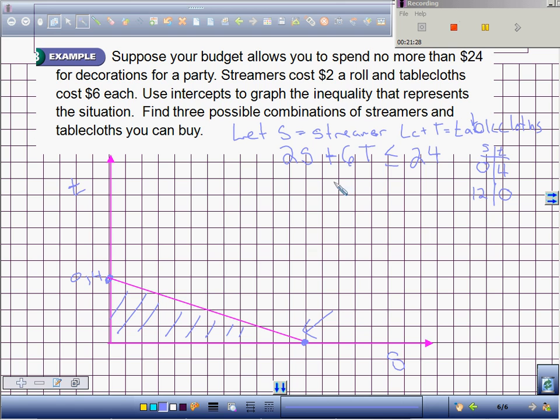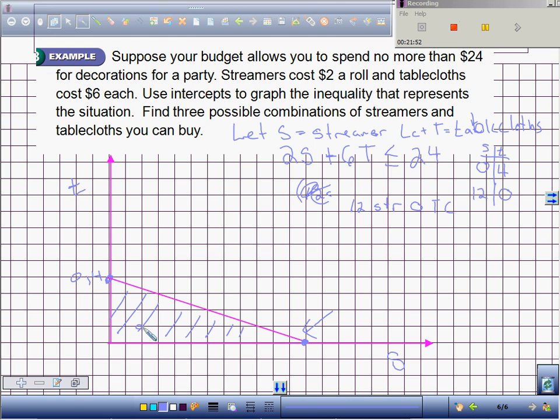So one possible combination is 12 streamers and 0 tablecloths.